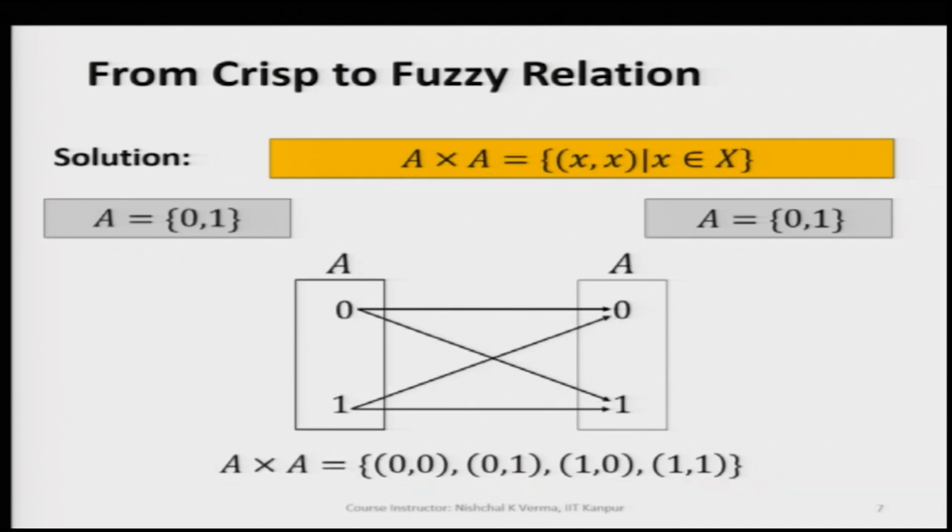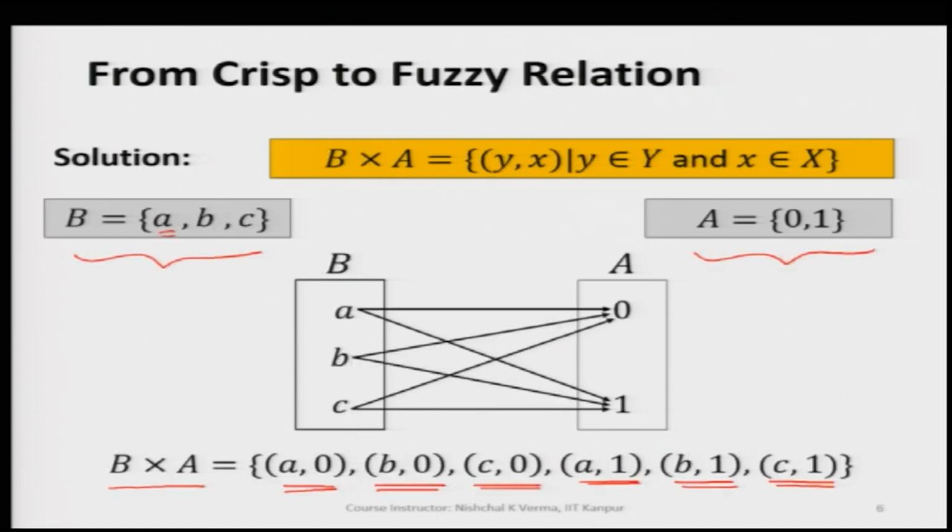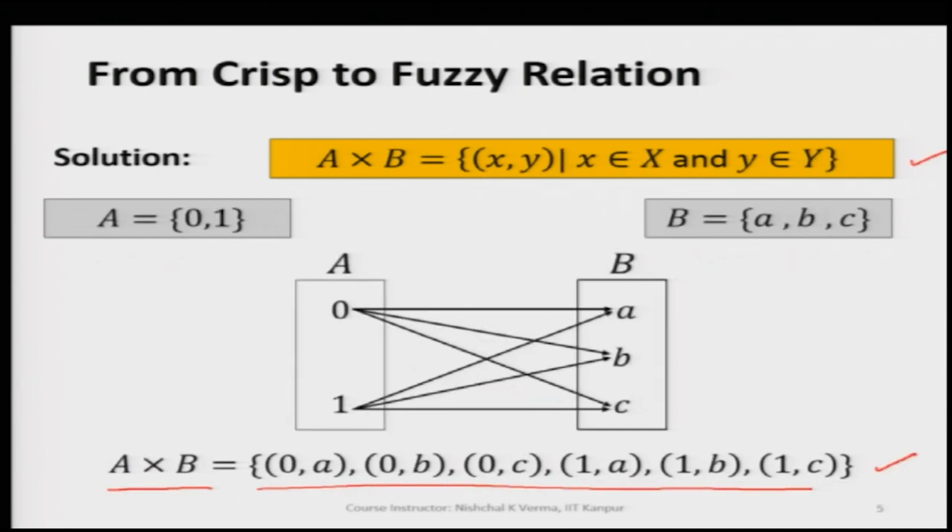So, we can clearly say that B cross A that we have seen here is different from A cross B. The order is changed. So, that is why we can say that A cross B is not equal to B cross A.